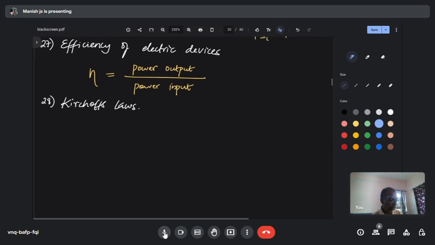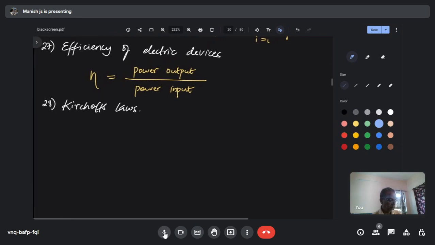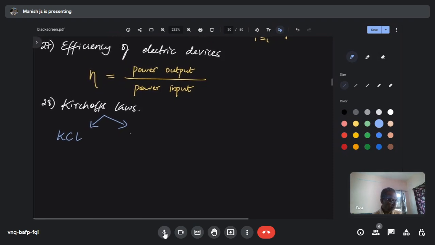So the Kirchhoff's laws, we have two different laws here. Kirchhoff's current law, which is KCL, and Kirchhoff's voltage law.